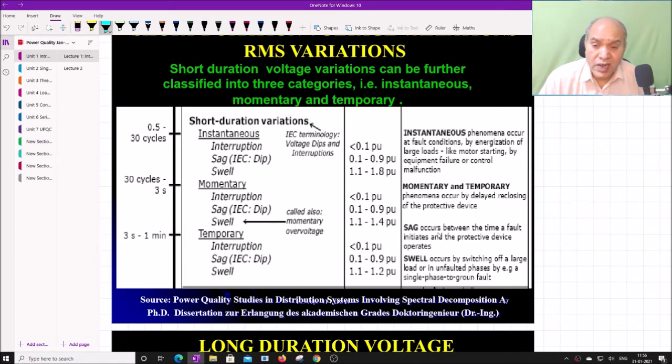This time scale is further classified into three categories: half cycle to 30 cycles, then 30 cycles to 3 seconds, and then 3 seconds to 1 minute. And they are termed instantaneous, momentary, and temporary.